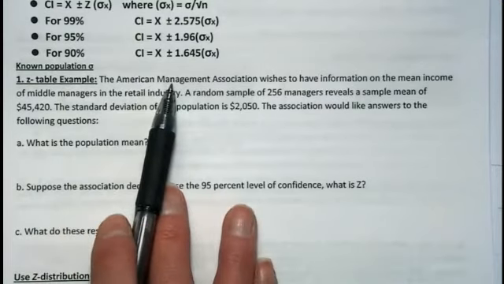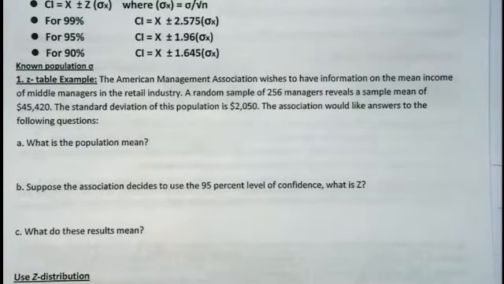The American Management Association wished to have information on the mean income of middle managers in the retail industry. A random sample of 256 managers revealed a sample mean of 45,420 and a standard deviation of the population of 2,050. The association would like to answer the following question.